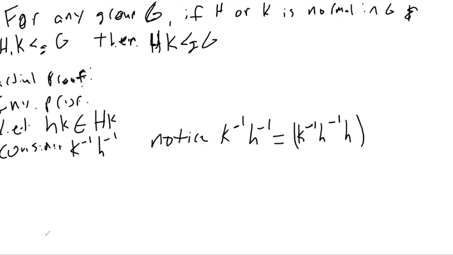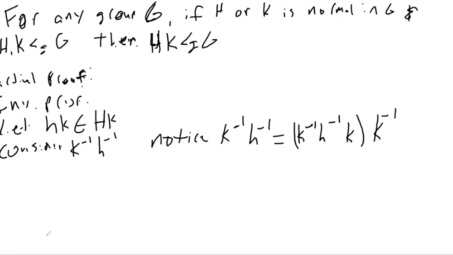No, this is supposed to be a k. Sorry, this should be a k. And then we have a k inverse over here. The reason this is true, right? This k here, these two k's on the outside, this k inverse, they're going to collapse, turning into e, and then we're just going to be left with the k inverse h inverse again.